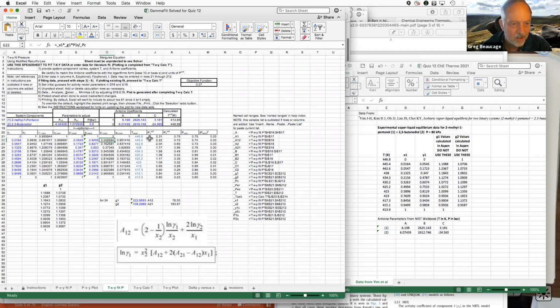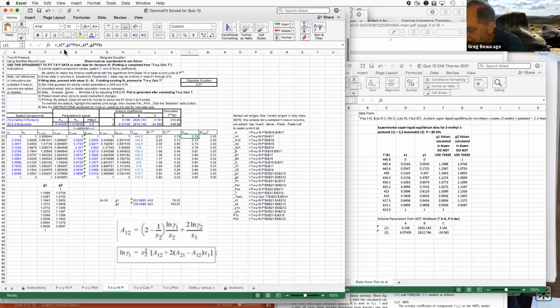And when the gamma changes, the calculated P changes. So Y1 times P equals X1 gamma 1 P1 sat. Gamma 1 depends on A12, A21, and P1 sat is fixed at the temperature. So everything's fixed except gamma 1.